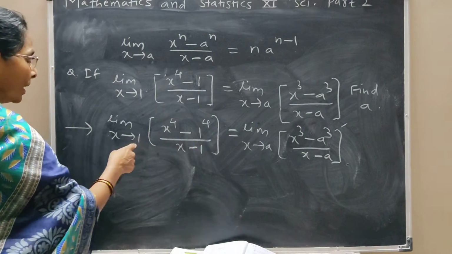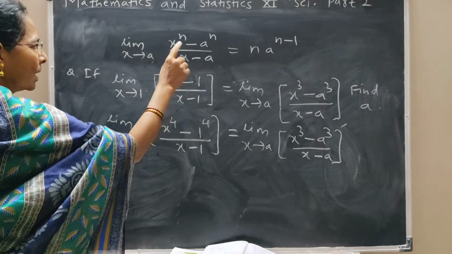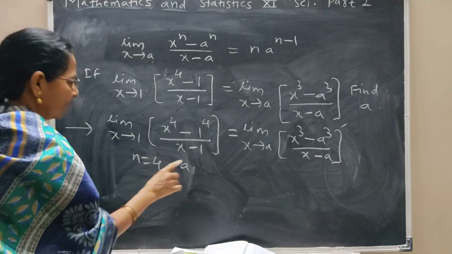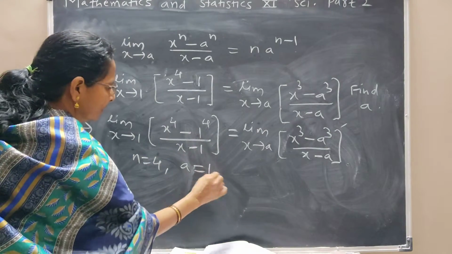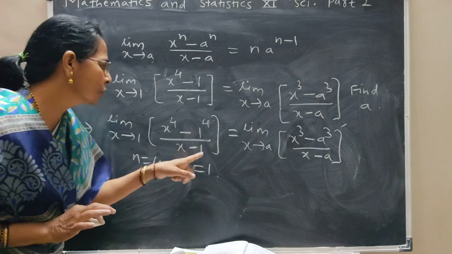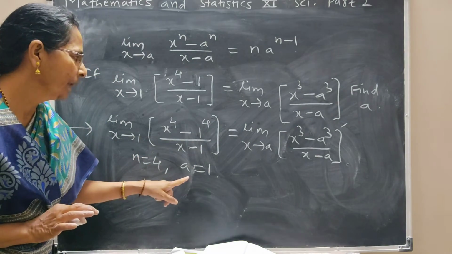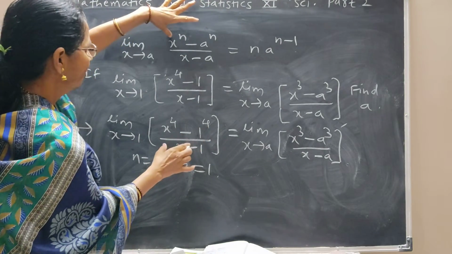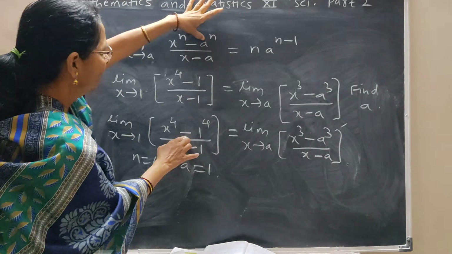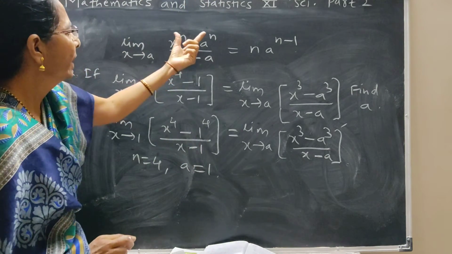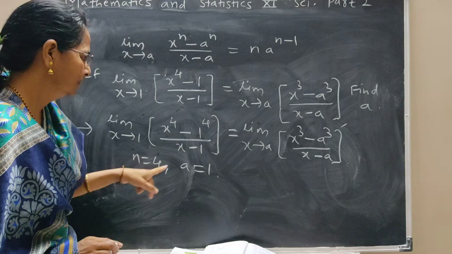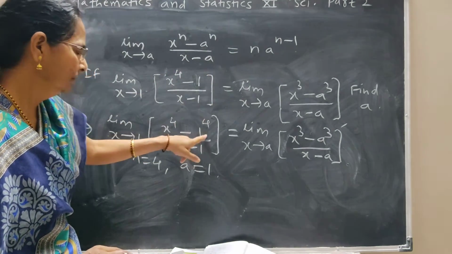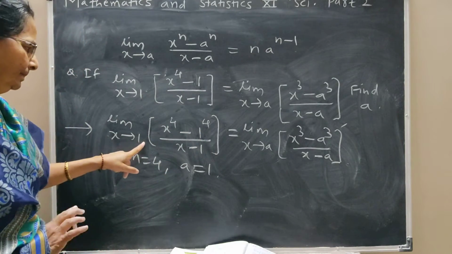Now for this limit, n is 4 and a is 1. Since here is x minus 1, 1 is the value of a. n is 4, a is 1.